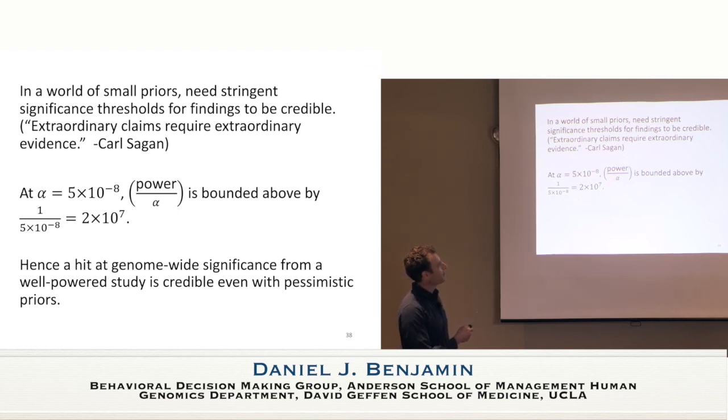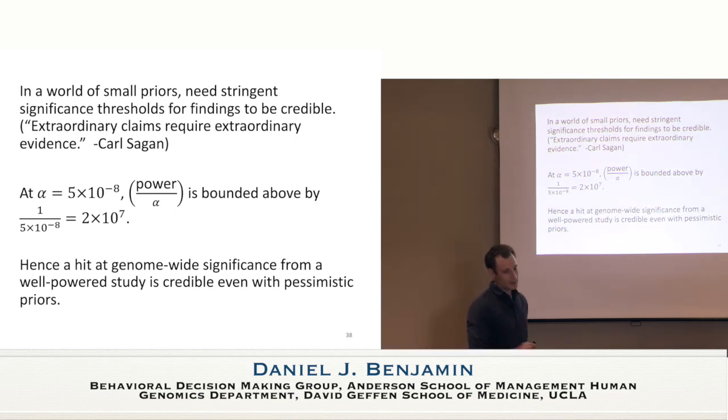Now this rejection ratio, power divided by significance threshold, is bounded above by 1 over 5 times 10 to the negative 8th, which means we can get 2 times 10 to the 7th strength of evidence in favor of an effect from significance. So that's big enough to overcome even the very small priors that we would have for genetic associations.